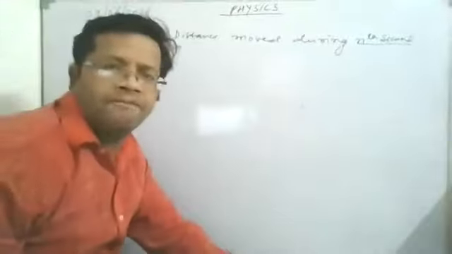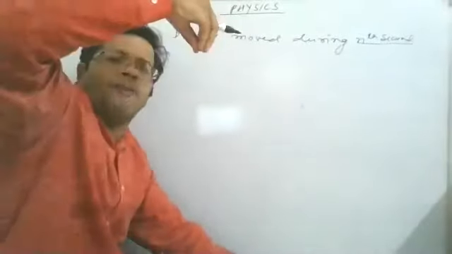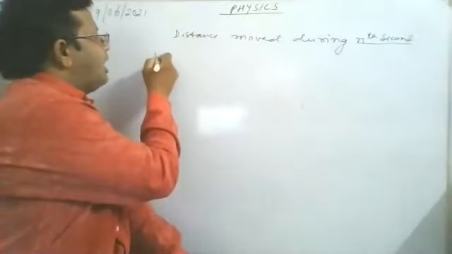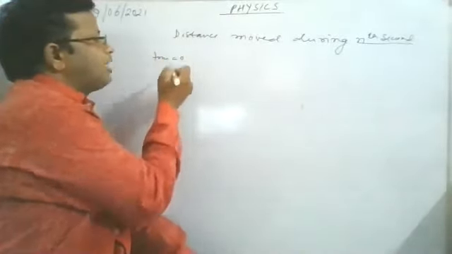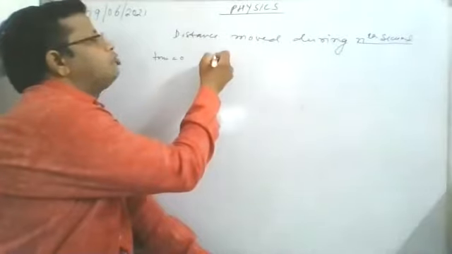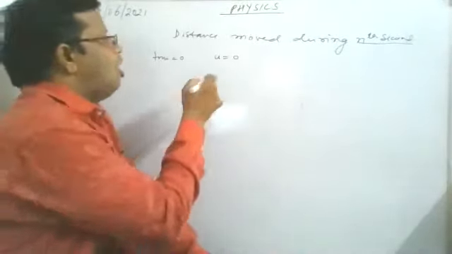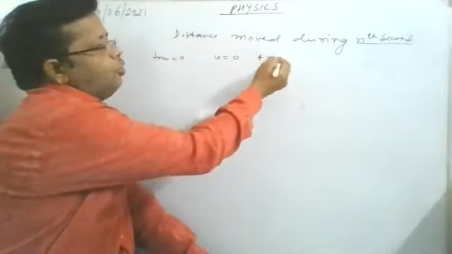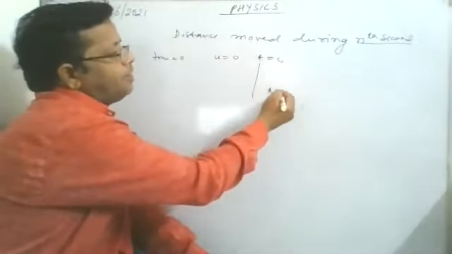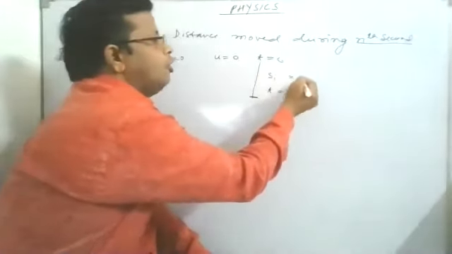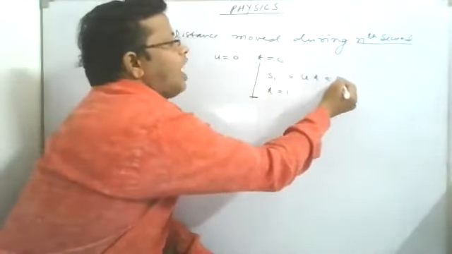Beta, see, for example, when we are dropping any body to fall vertically downward, what is the time? Time is 0 seconds. What is the initial velocity? u is 0. After 1 second, when time becomes 1 second, what is the distance moved? ut plus half gt square.